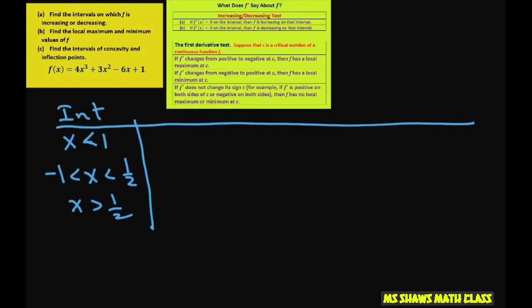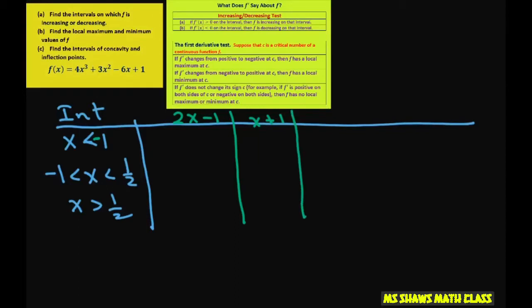Now let's put in our values. For less than negative 1, let's just put 2x minus 1 and x plus 1. Those are where we got our values.